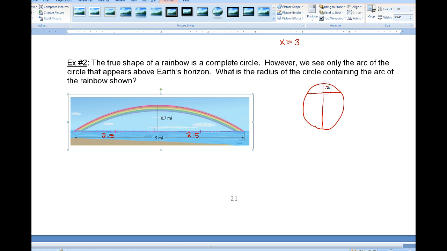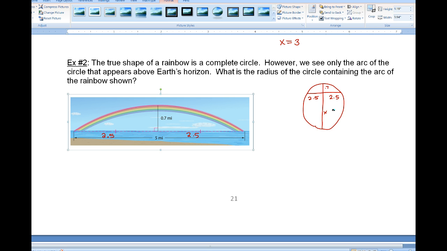This is 0.7, and this is 2.5, and this is 2.5. What we want to figure out is the part that's hidden by the Earth, because if we can figure out this x, then we have the diameter.